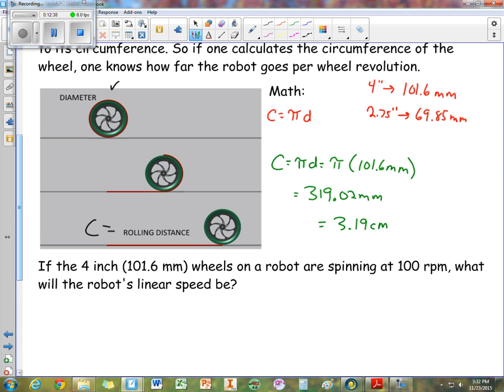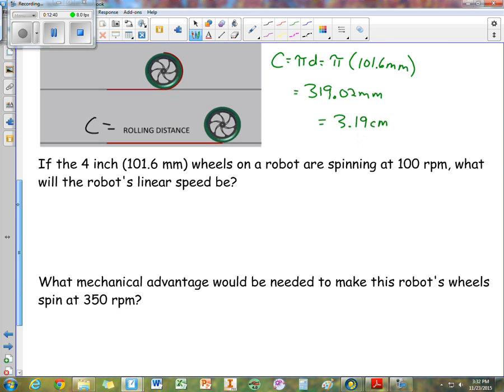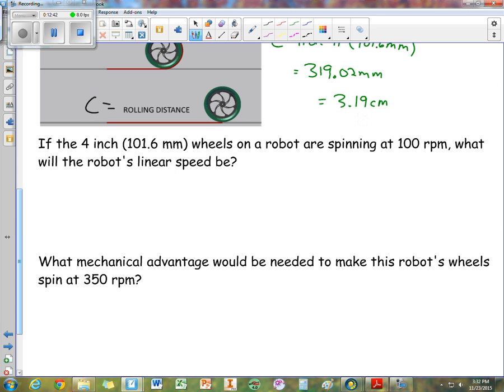Okay, let's say that those 4-inch wheels are attached to a motor that spins at 100 RPMs. What will be the robot's linear speed? Well, linear speed equals r times omega.